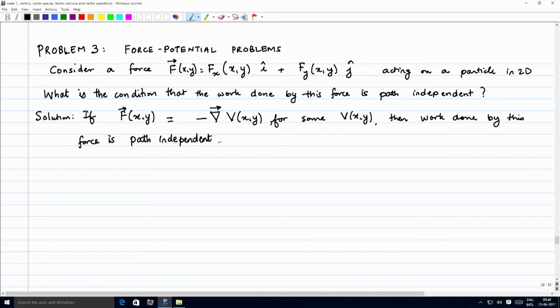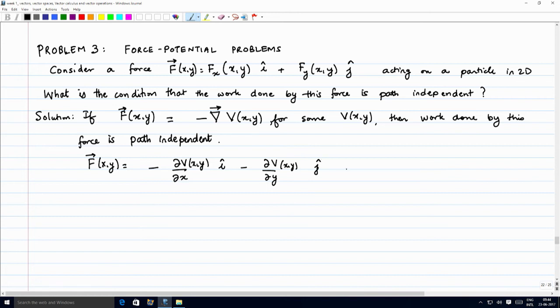Okay. Now, if you can write f as negative gradient of v, then clearly I can say that f of x y is equal to minus dou v by dou x of x y i, minus dou v by dou y of x y j.